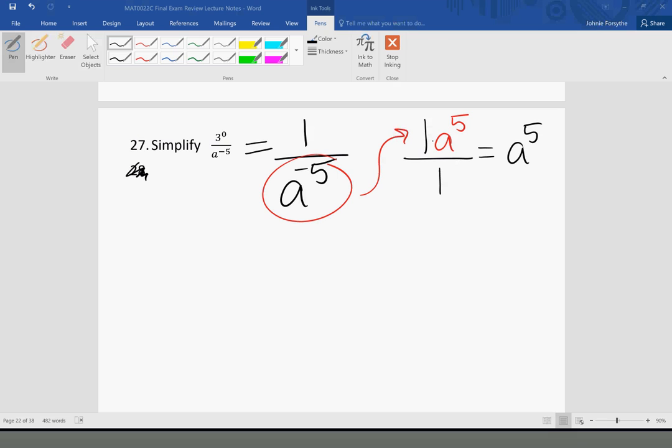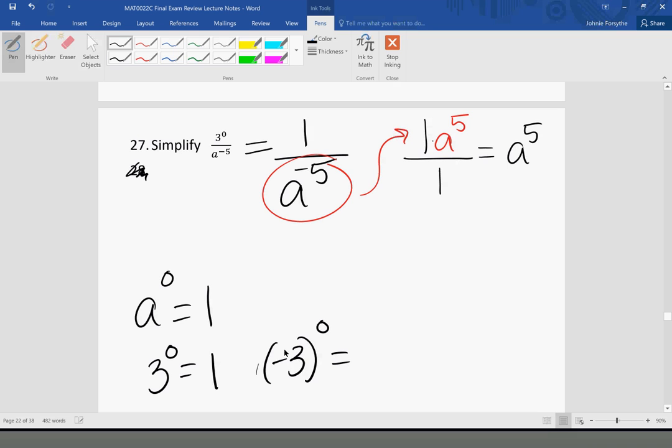Let's see, I have a question. How is the numerator 1? So that's an exponent rule. Any number to the 0 power equals 1. So 3 to the 0, negative 2 to the 0, anything to the 0 power is 1. If you have 3 to the 0, that equals 1. If it's negative 3 to the 0, notice it's in parentheses, that equals 1.